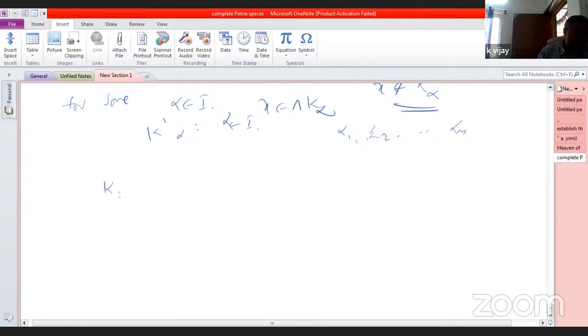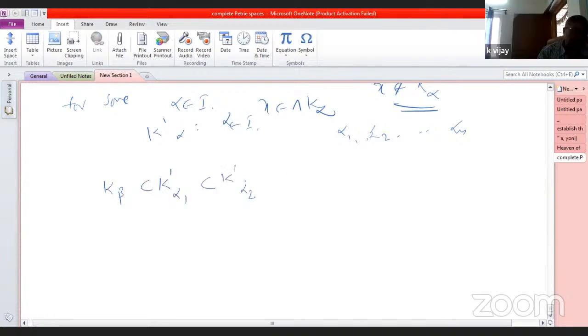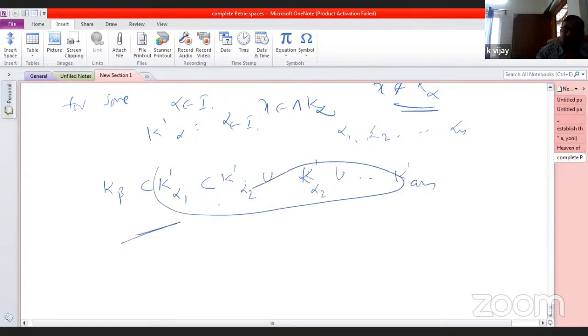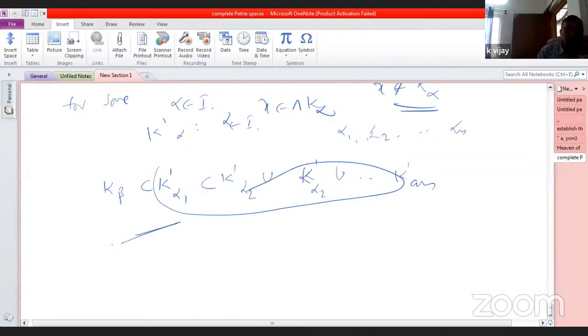So we can write here K beta is a subset of K dash alpha 1 union K dash alpha 2 union K dash alpha n. That is, K beta is a subset of all these, right? Yes. Then what happens? K beta intersection K alpha 1 intersection, so intersection K alpha n. What is the value?